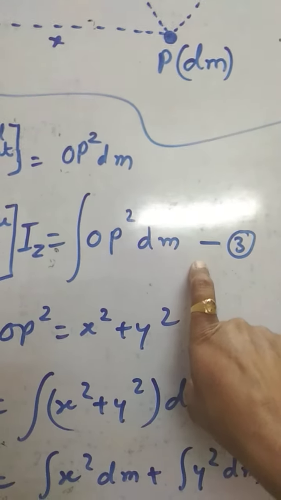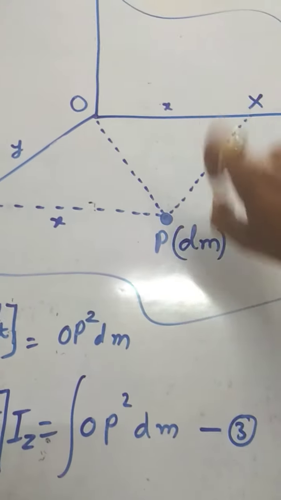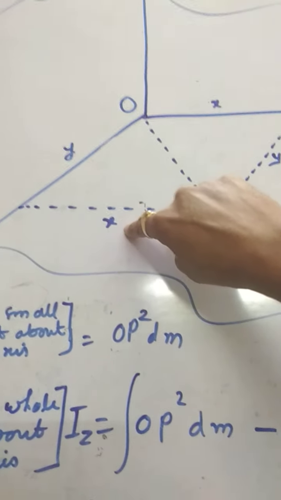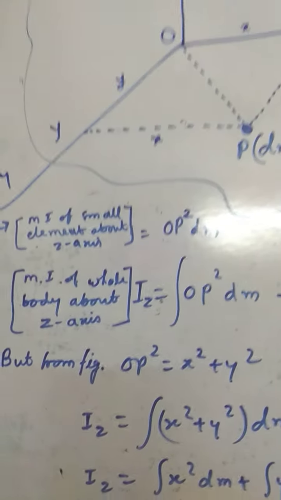But from figure, the distance OP, because this is a right angle triangle, by using Pythagoras theorem, this side is equal to the sum of the squares of both sides.